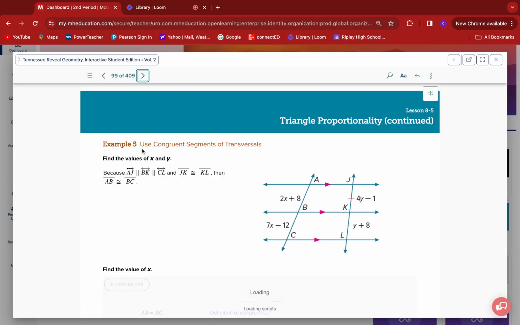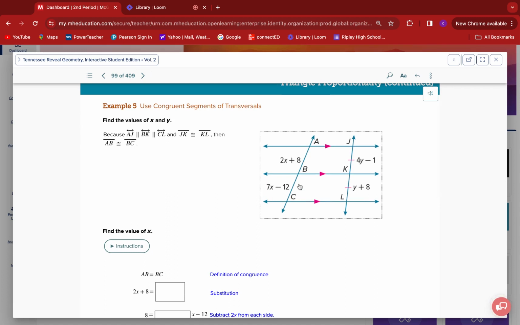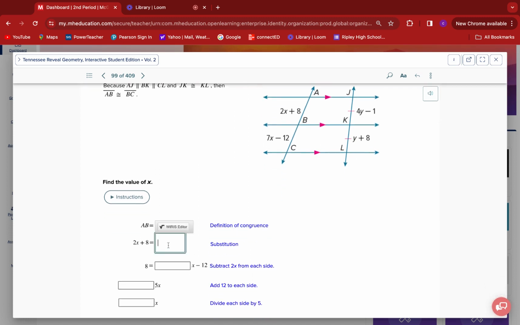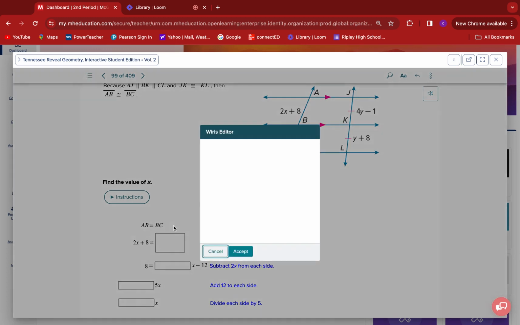All right, to the bottom of the page, example number 5. I see the lines are marked parallel, which means the rule is these are equal to each other. So I could put JK equal to KL, and over on the left side, I can put AB equal to BC. And it looks like that's what they did to find X. So we're going to put 2x plus 8 equals 7x minus 12.